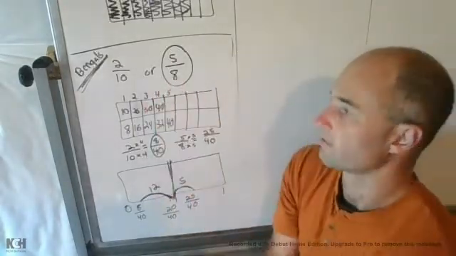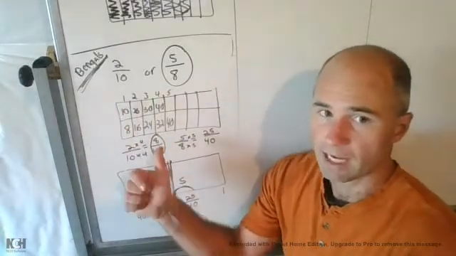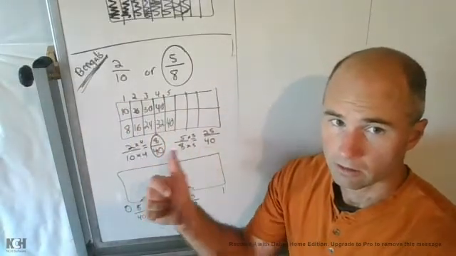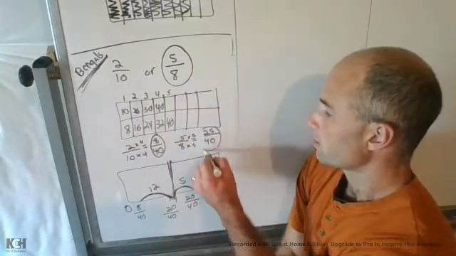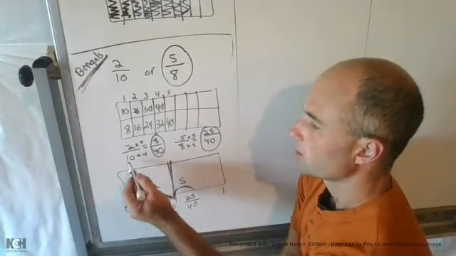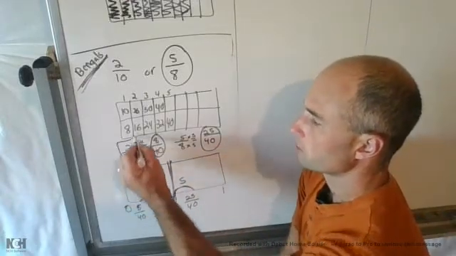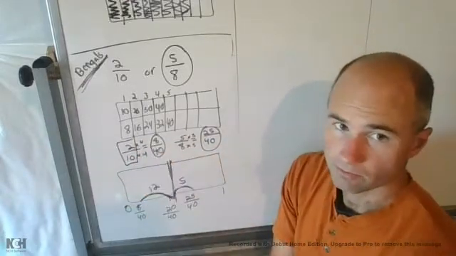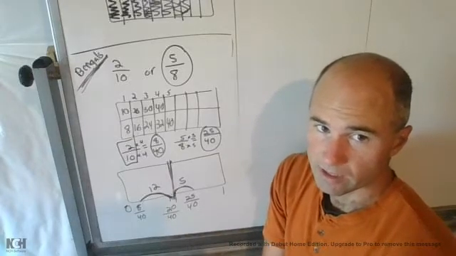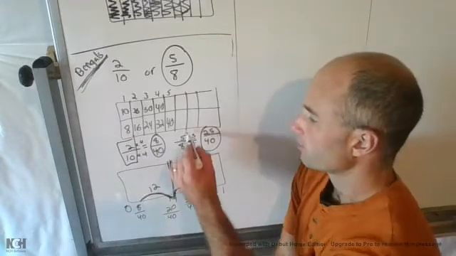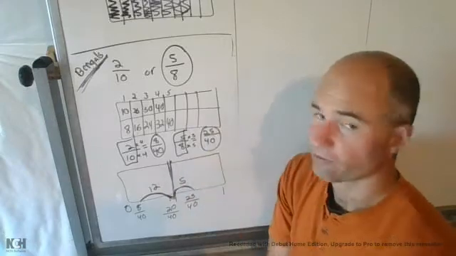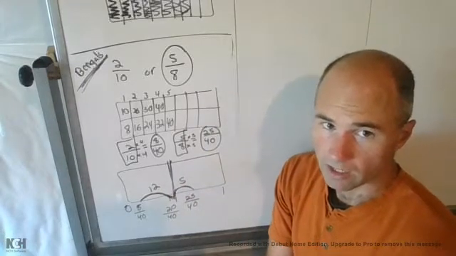2/10 or 5/8. I find my common denominator of 40. Okay. Then I turn 2/10 into 8/40. Hopefully everyone sees how I did that. I turned 5/8 into 25/40. Hopefully you see how I did that.